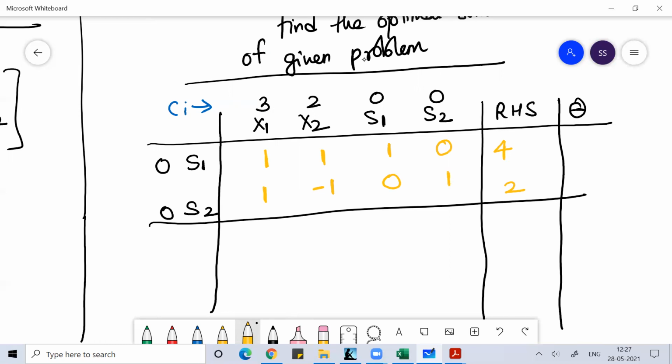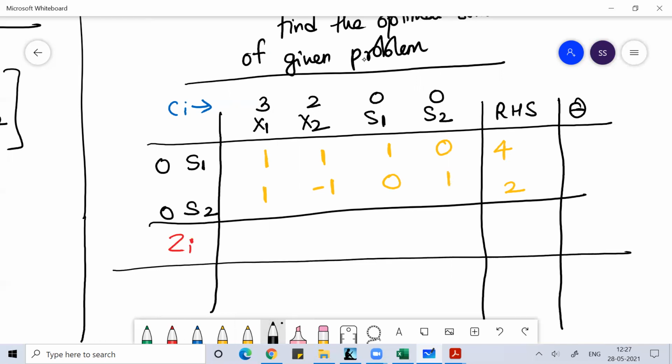Now first thing we'll do is find the Zi. What is Zi? Zi is the sum product of these values, like 0 into 1 plus 0 into 1, you'll get 0. 0 into 1 plus 0 into -1, you'll get 0. Then 0 into 1, 0, and 0 into 0, 0.